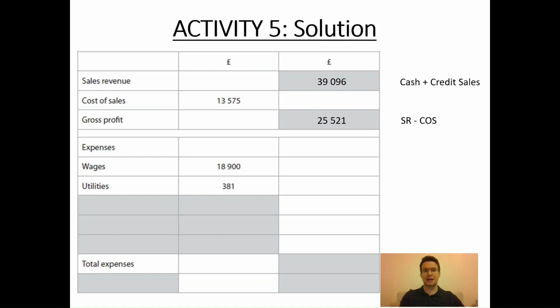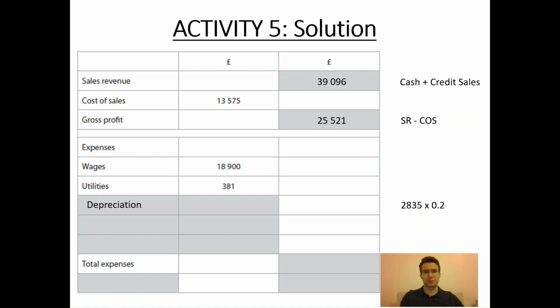The expenses part is where it gets a bit tricky. Wages remain at £18,900 and utilities are at £381. The first one that I want to have a look at is depreciation. Now, depreciation is calculated as follows. The fixed assets that she owned and she bought were costing her £2,835 in the first instance.